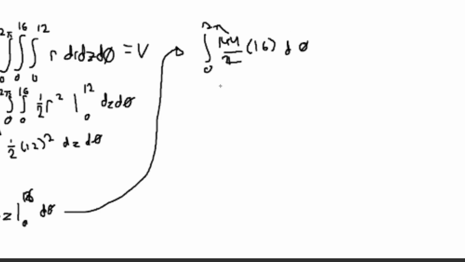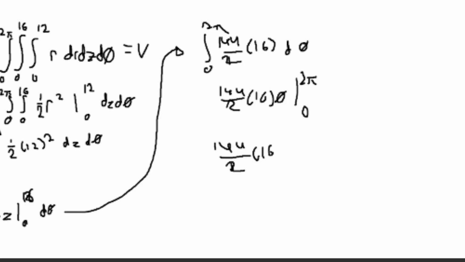And then lastly, we just do 144 over 2 times 16 times theta evaluated from 0 to 2 pi. So now we're going to have a beautiful answer of 144 over 2 times 16 times 2 pi, minus obviously this times 0, but we're not going to write that.